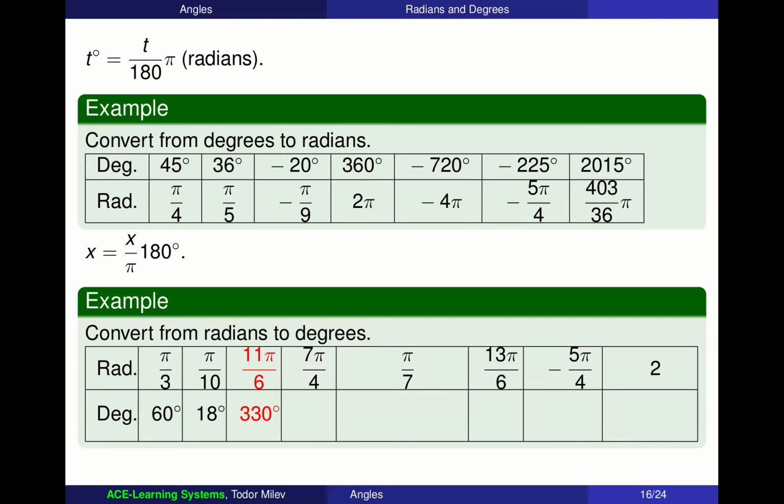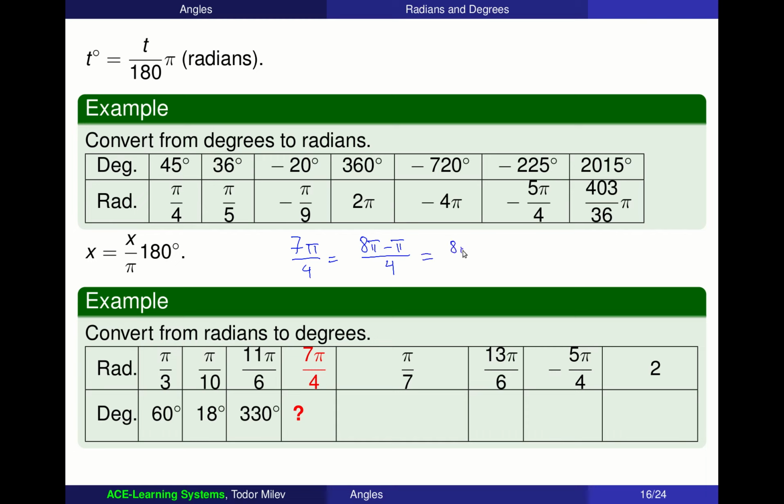7 pi over 4, what's that equal to? I'm sure you guessed it correctly. It's equal to, well, let's see. 7 pi over 4 is certainly equal to 8 pi minus pi over 4. I've represented 7 pi as 8 pi minus pi.